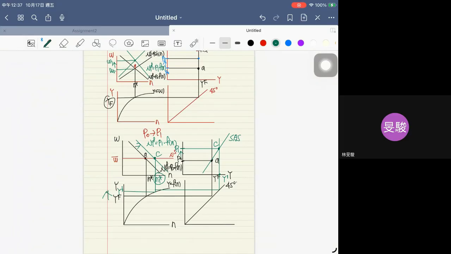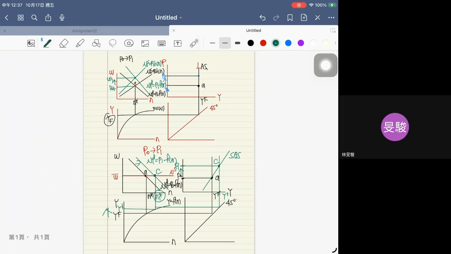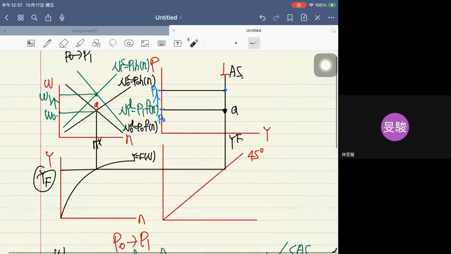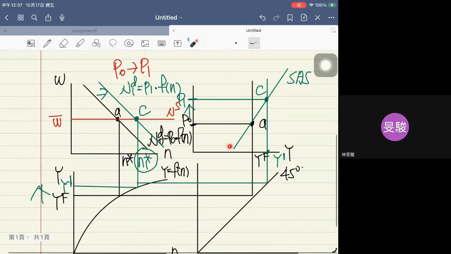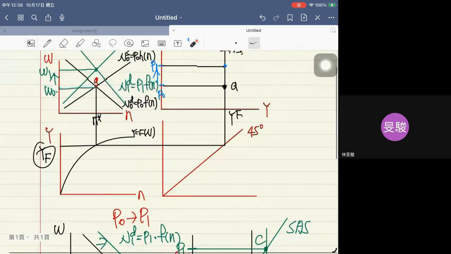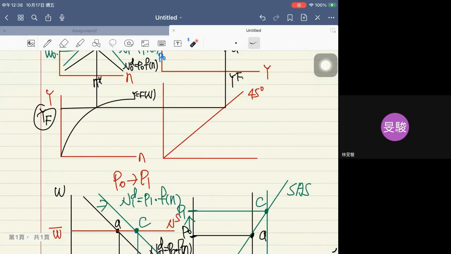But in the short run, because of the contract, the union, your nominal wage is inflexible, and this is the reason why the slope of the AS curve is different in the long run and short run. Because of the sticky wage.